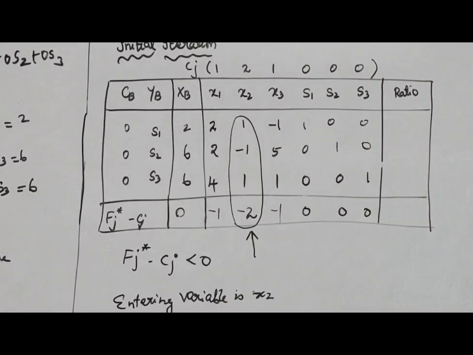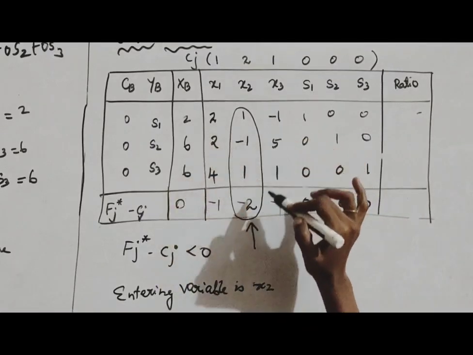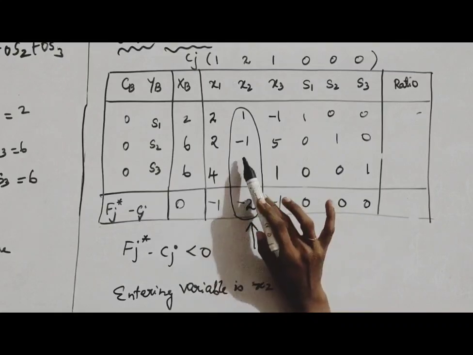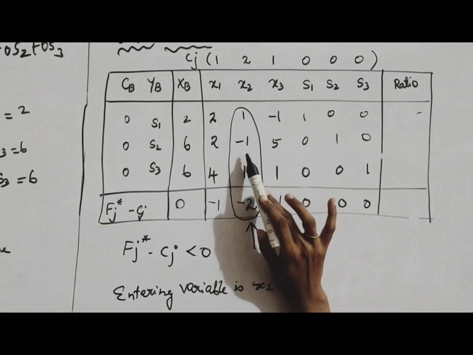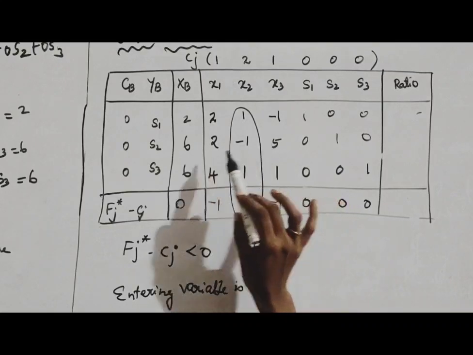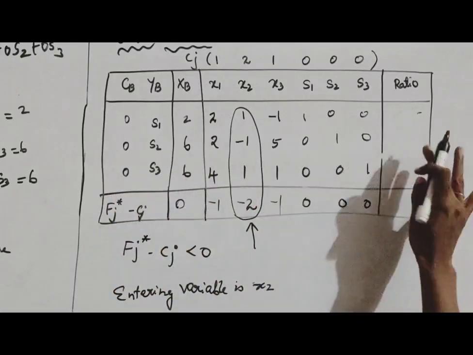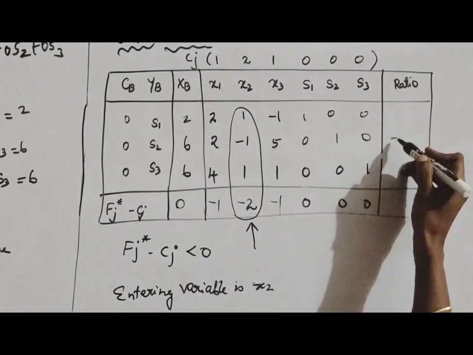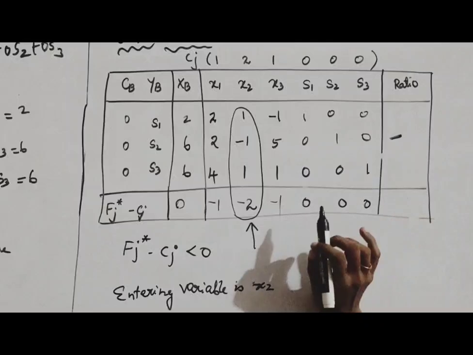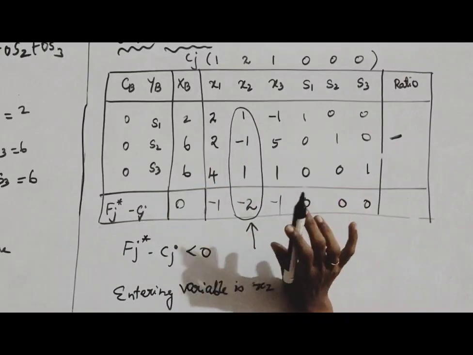The entering variable is x2. You have to find which variable leaves the iteration. For finding that, you have to find the ratio. Look at this pivot column. One value is negative, so you need not find the ratio for the second row. Just find the ratio for the first and the third row.